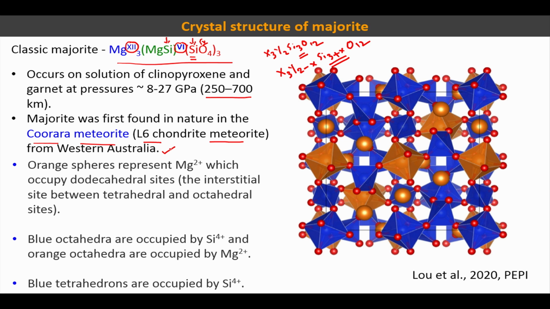If you see this structure, this is the crystal structure of majorite, and you can find some orange spheres.